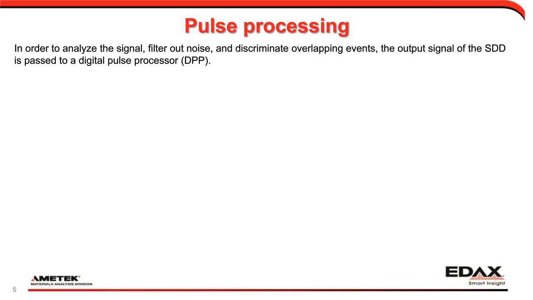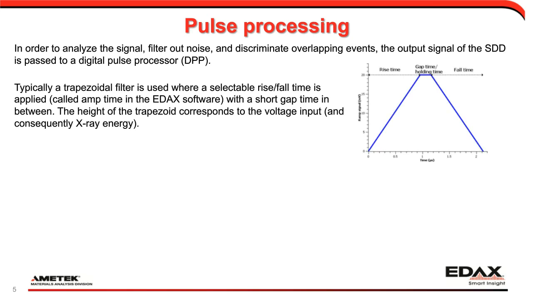The way a DPP works is typically by applying a trapezoidal filter where you have a selectable rise or fall time, and in the EDS software we call that the amp time, and then there's a short gap in between the two. There's a few different terms floating around: the pulse processing time, or the rise time, or shaping time, peaking time, and unfortunately they're used a little interchangeably.